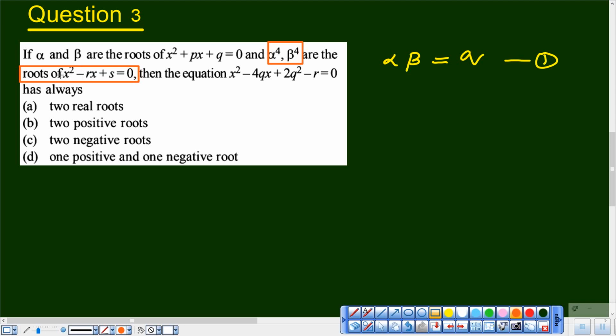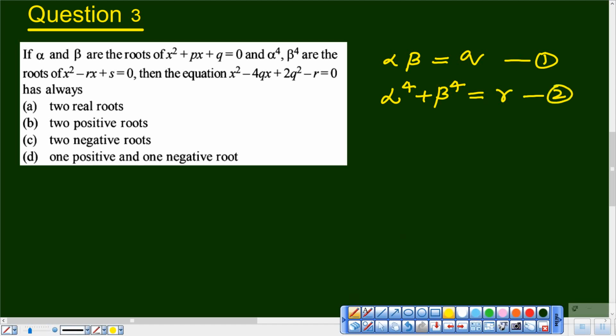So that is minus r upon 1. So alpha raised to the power 4 plus beta raised to the power 4 is equal to minus, minus r upon 1, which is equal to r. I call it the second equation.